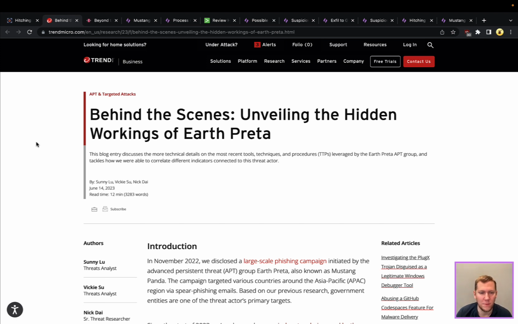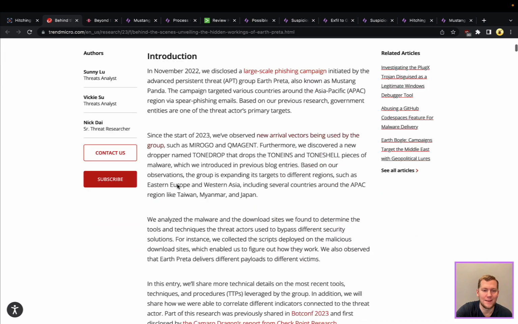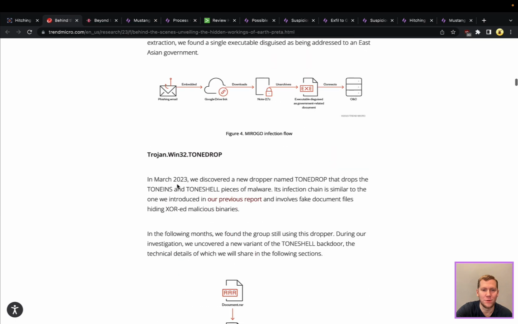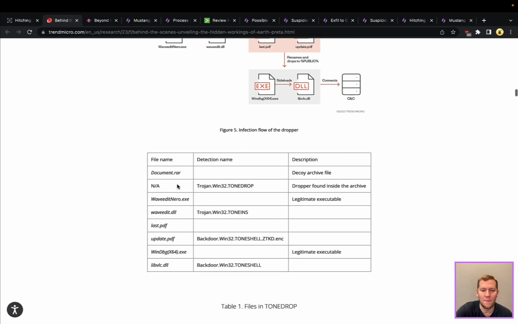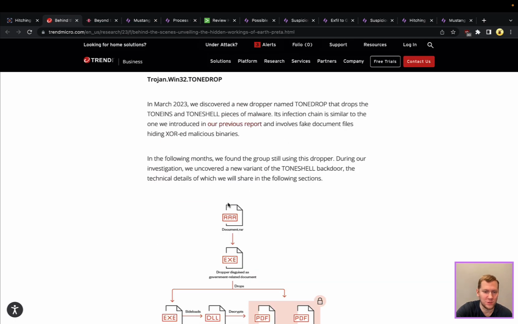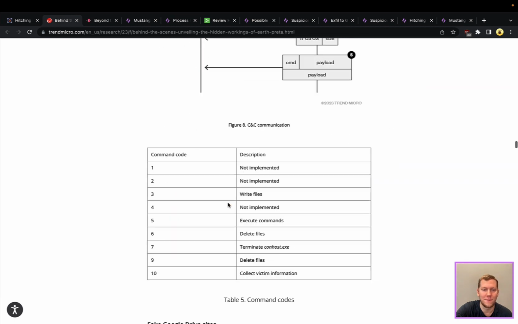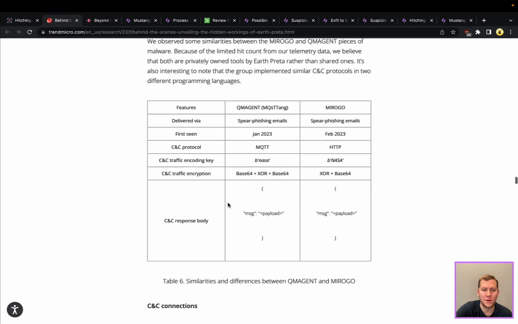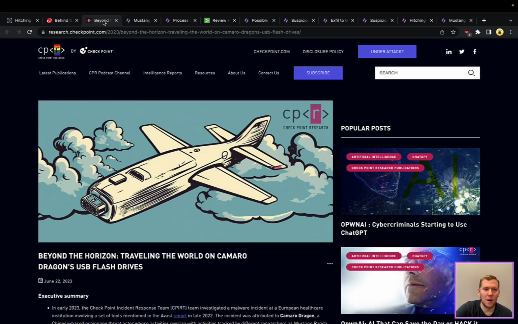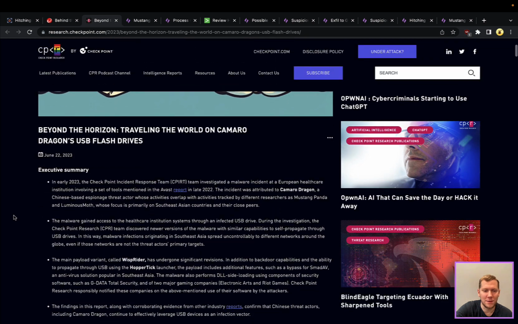Trend Micro, in a report from earlier this week, is tracking this threat actor as Preta, and they are seeing very similar techniques. Traditionally, you have the malicious document and the spear phishing, but they also have the USB drive vectors in here. We've got Checkpoint Research, which came out very recently too.